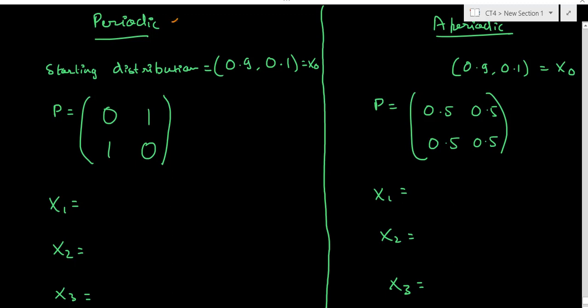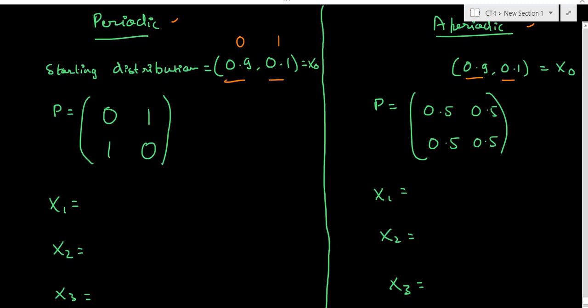So this is the periodic case and this is the aperiodic case, and let's assume that the starting distribution is 0.9, 0.1. That is, when the Markov chain starts, 90% of the values are in state 0, and 10% are in state 1. You can think about this as the NCD model and these two states.